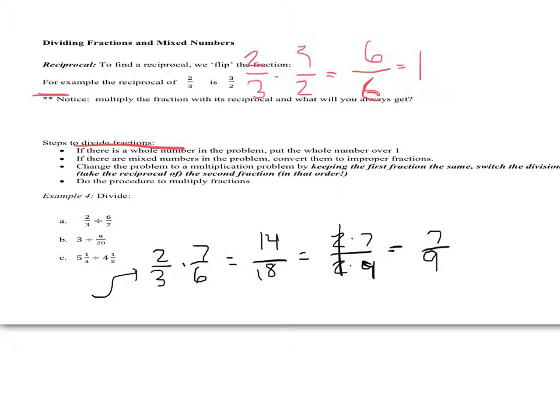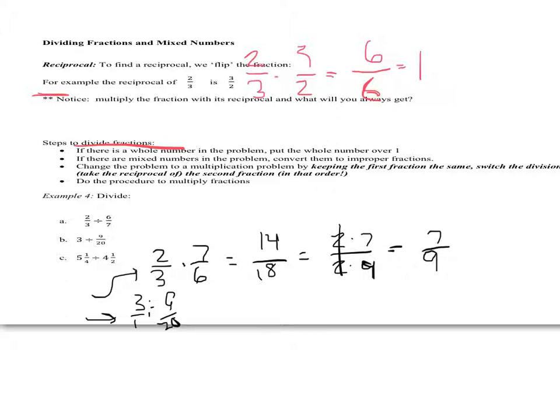The second example, B, we're dividing 3 by 9/20. Now, step 1, if there's a whole number, we're going to put that whole number over 1. We certainly do have a whole number, so our first step is to write that as 3/1 divided by 9/20.